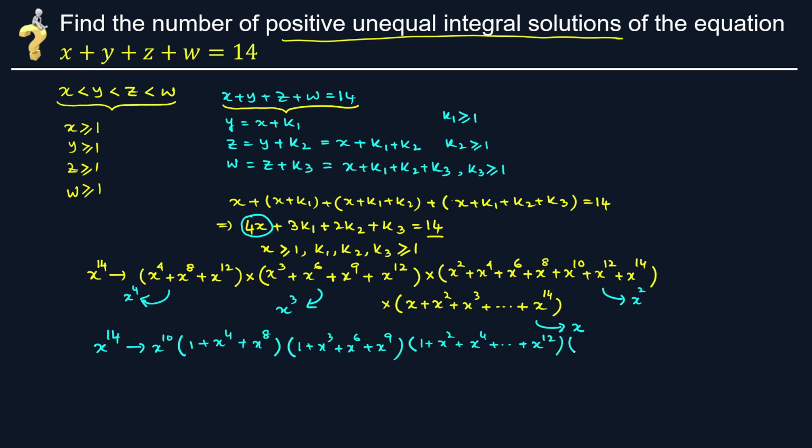And from here we have 1 plus x plus x square up to x to the power 13, right? So we have already received x to the power 10. We need to find the coefficient of x to the power 14. That is, we actually need the coefficient of x to the power 4 from the expansion of this. Am I correct or not?